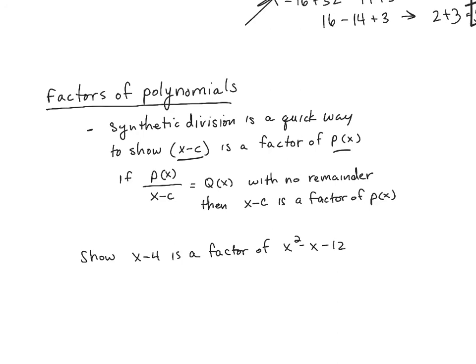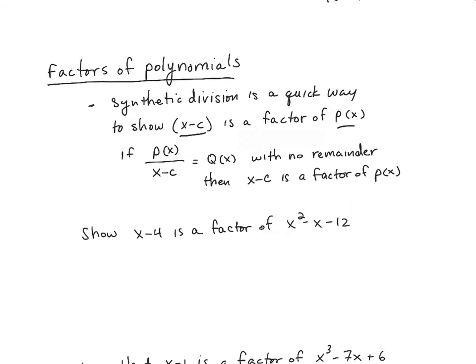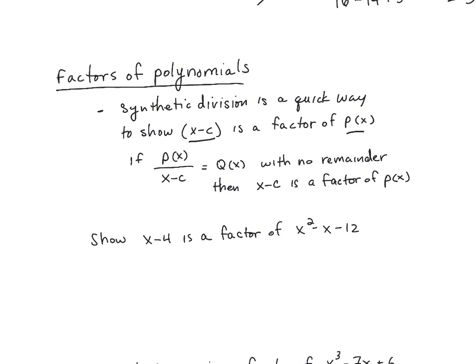So we started with this problem in the very beginning: show that x minus 4 is a factor of x squared minus x minus 12. The way to show that is by doing synthetic division. If we do the synthetic division, we get a remainder of 0, and that's what we're going for.